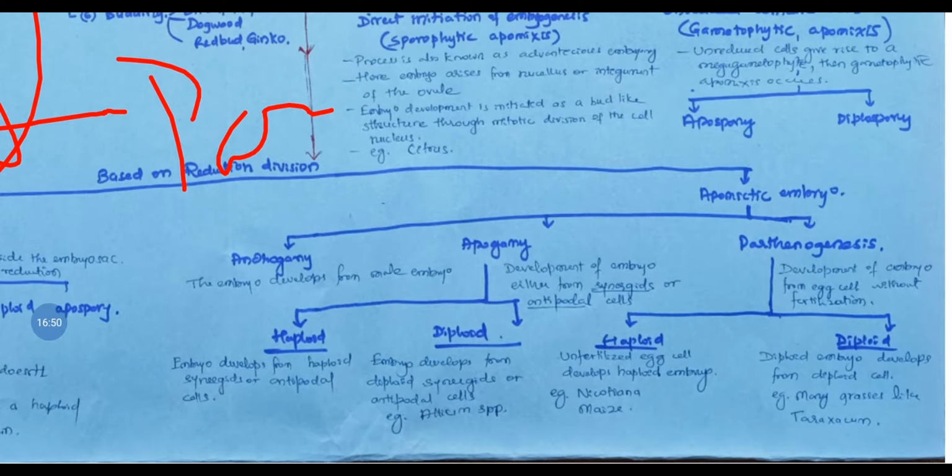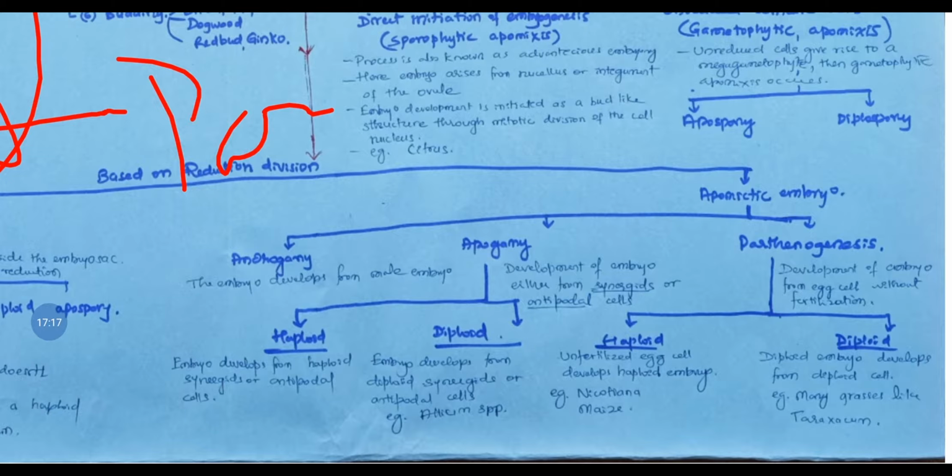That is further divided as haploid apogamy and diploid apogamy. Haploid apogamy is where the embryo develops from the haploid synergids or antipodal cells, and diploid means development of embryo from diploid synergids or antipodal cells. Example, in Allium species. The third one is parthenogenesis. That is development of embryo from egg cell without fertilization.